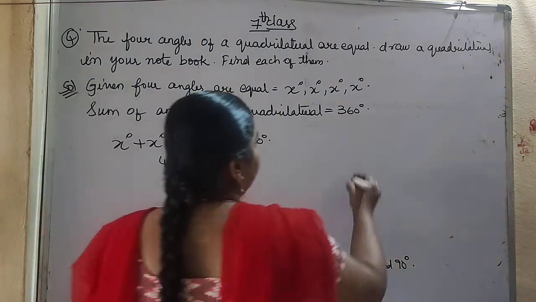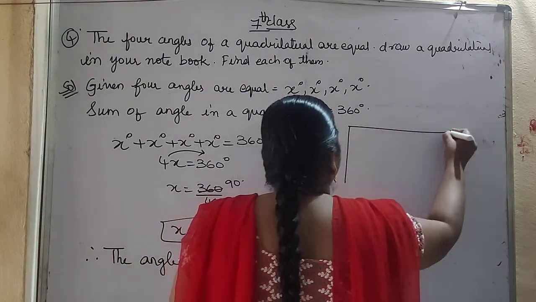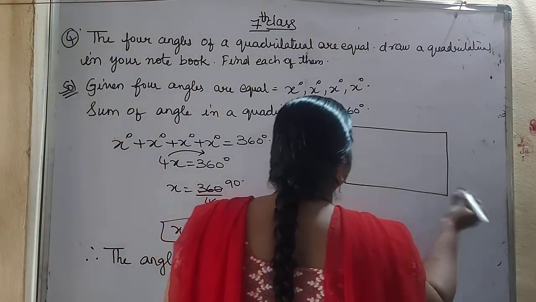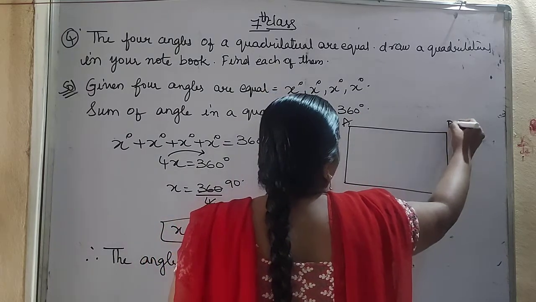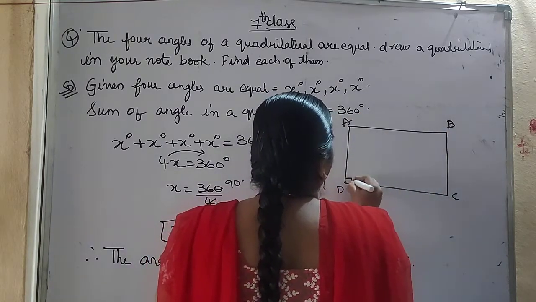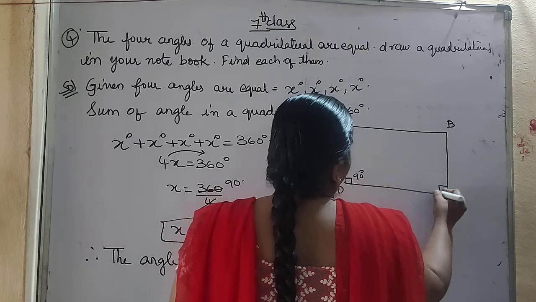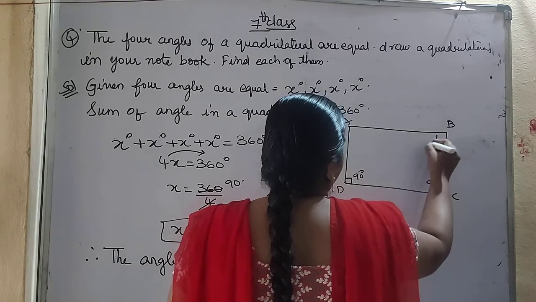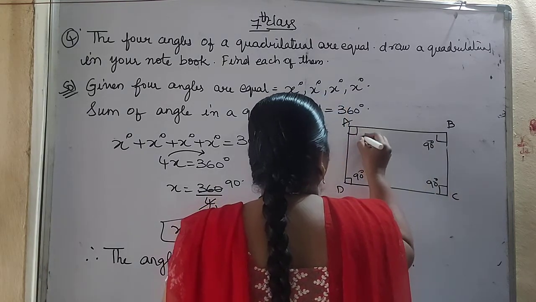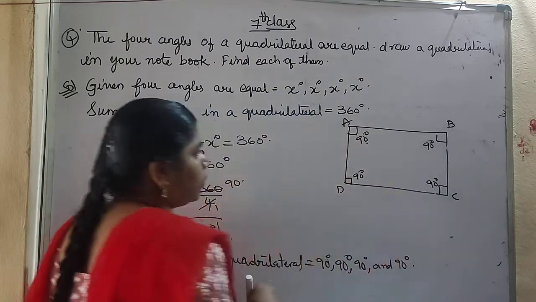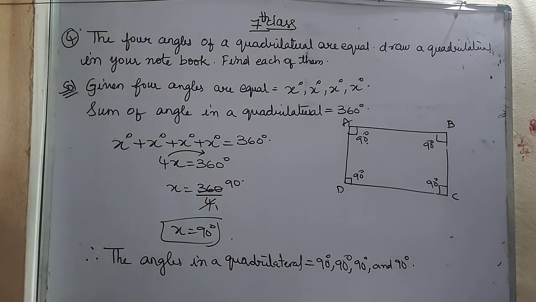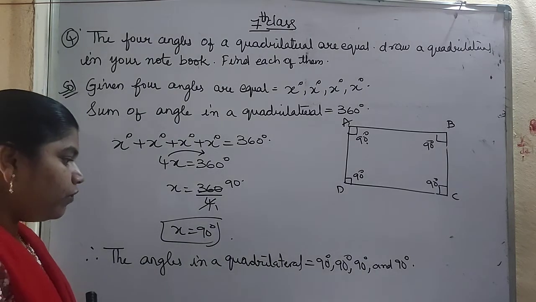We can draw a rectangle, and a square also you can draw, because in a square and a rectangle all the angles will be equal. So 90, 90, 90 and 90. So this is a quadrilateral which has all the angles equal. So this is our fourth question.